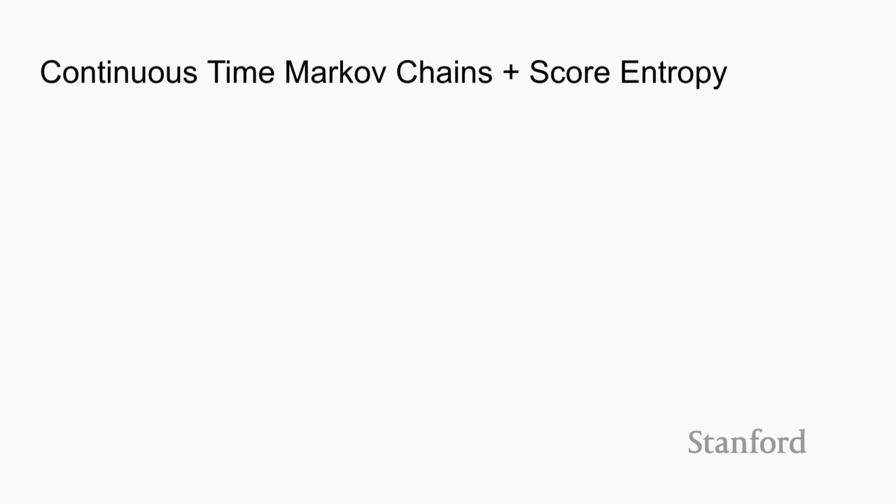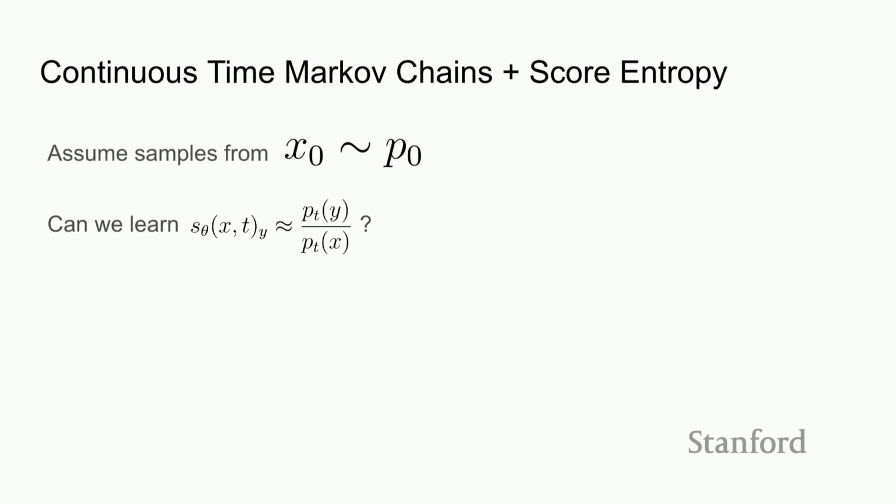And what's nice about this is that we can chain this with our score entropy to estimate the intermediate density ratios. If we assume we have some samples x_0 from p_0, then we can learn our s_theta. We now add a t value in order to estimate the p_t ratios. So we have an extra t input, but it's the same setup.